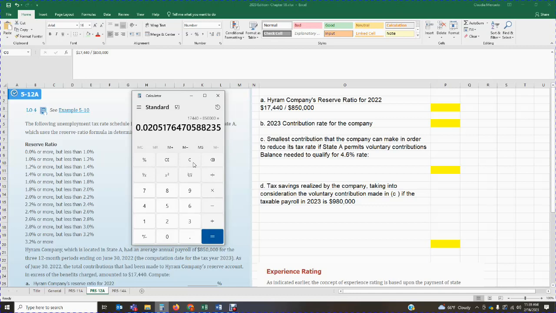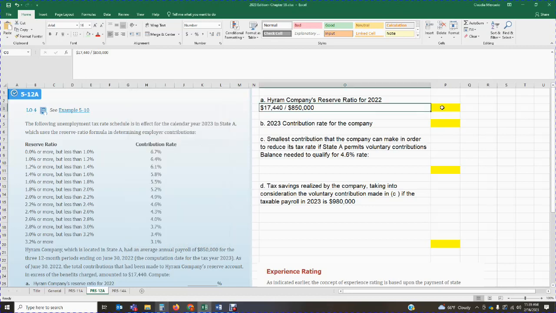Now it's in decimals, so I want to convert that to an actual percentage. I'm going to multiply by 100, and that gives me a ratio of 2.05%. That is my current reserve ratio based on the information provided for this company.